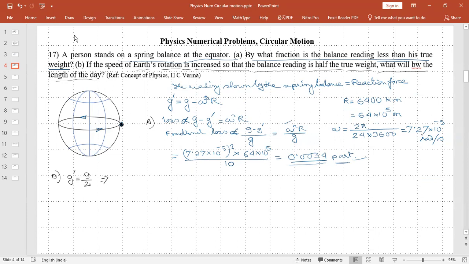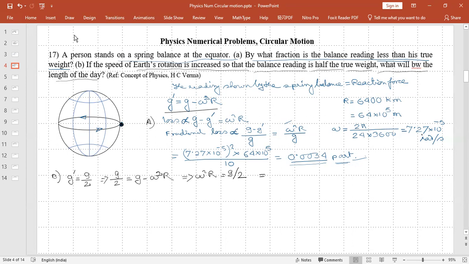So g by 2 is equal to g minus omega square R. From here we get omega square R is equal to g by 2.